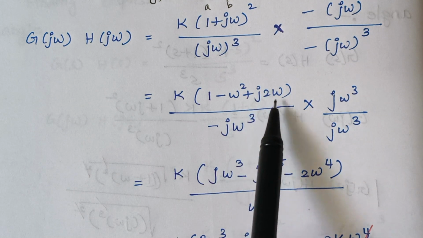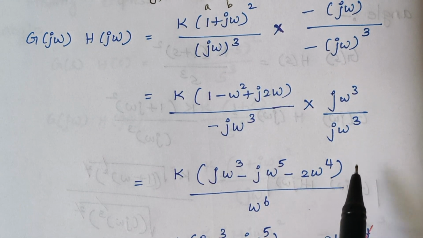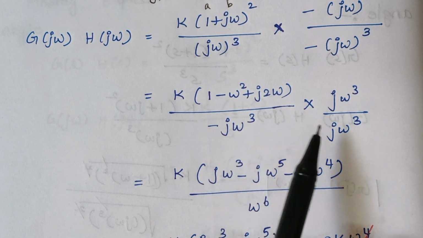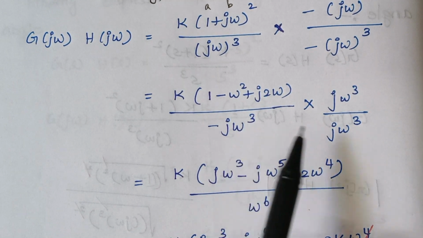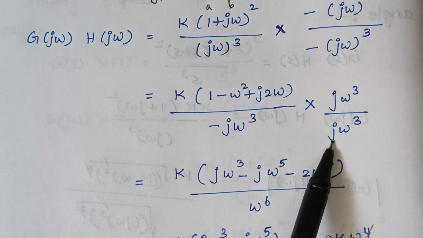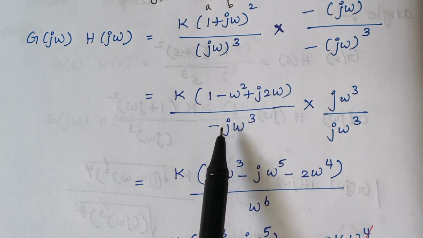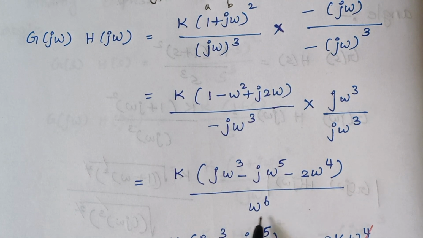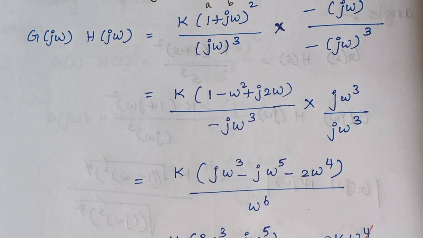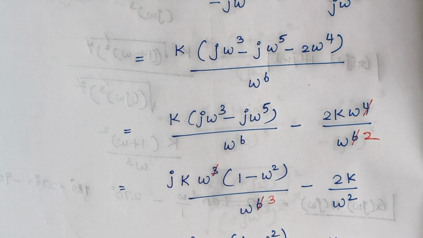And again plus j 2 omega into j omega cube gives to minus 2 omega to the power 4. Right. And when you multiply these two terms, omega cube into omega cube, omega to the power 6. And j into j is minus 1 gets multiplied with this minus again. So this gives a plus sign. So here comes plus omega to the power 6. Right. Now we are going to separate the real and imaginary terms.